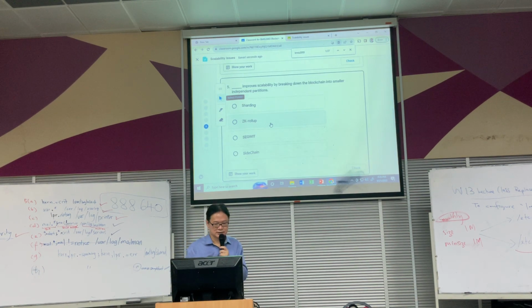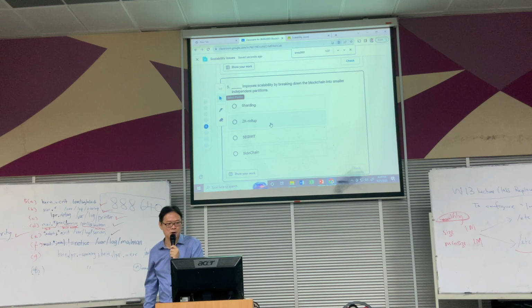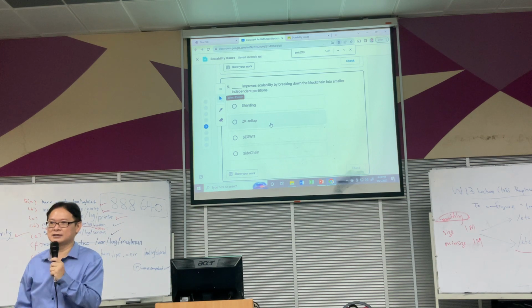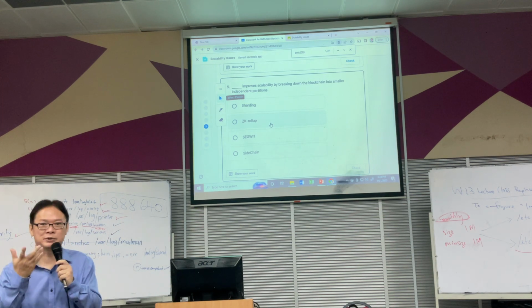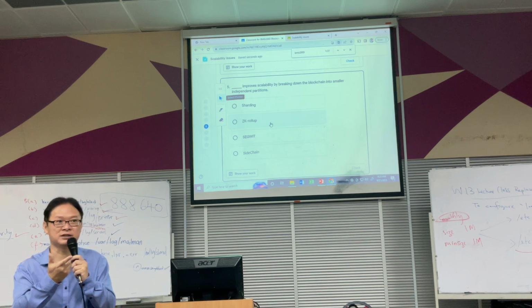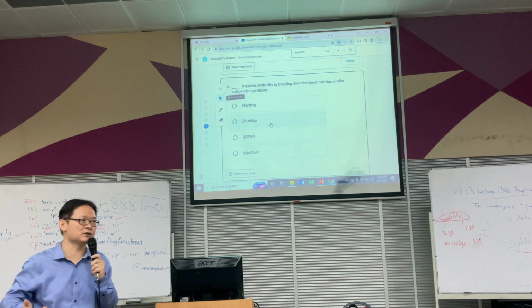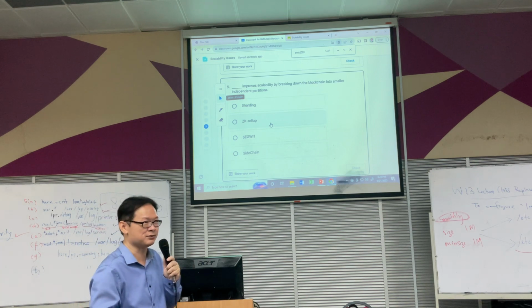Which of the following will improve scalability by breaking down the blockchain into smaller independent partitions? When you hear the keyword partition, you know there's only one scaling solution that does that, right? It is sharding. I think it's not something new. Whatever technology is used in blockchain is not new.